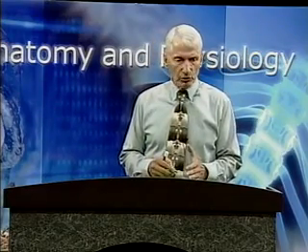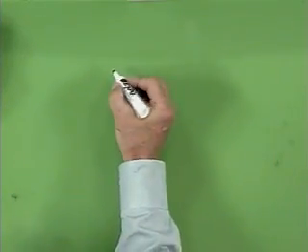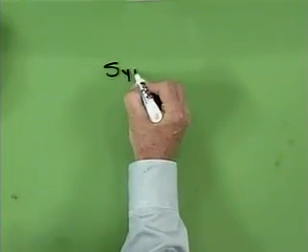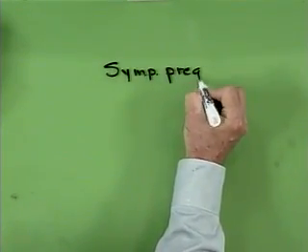Now, let me show you something else. We said that the preganglionic neurons in the sympathetic division were found in the spinal cord, right? Remember that graphic that said that? Specifically, let's go to the overhead for just a second. I'm just going to write sympathetic preganglionics.